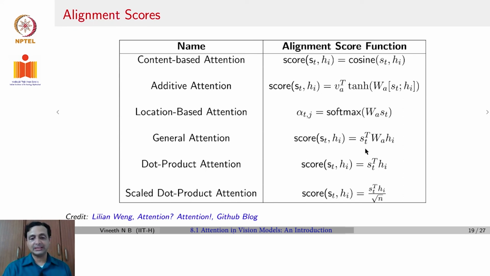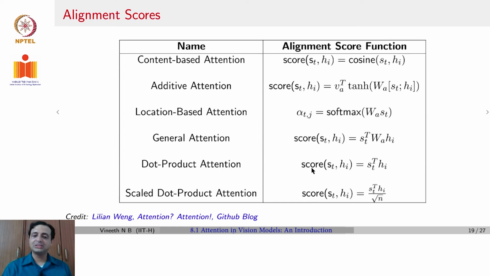One could also use a more general framework where you have st transpose hi, which is similar to cosine, which will give you a dot product, but you also have a learned set of weights in between, which tells you how to compare the two vectors st and hi. Remember, any W here are learned by the network to compute the score.